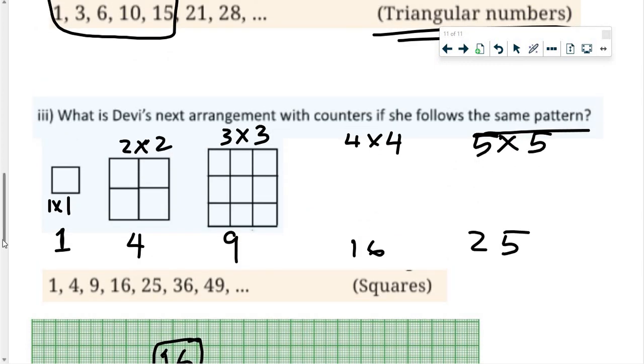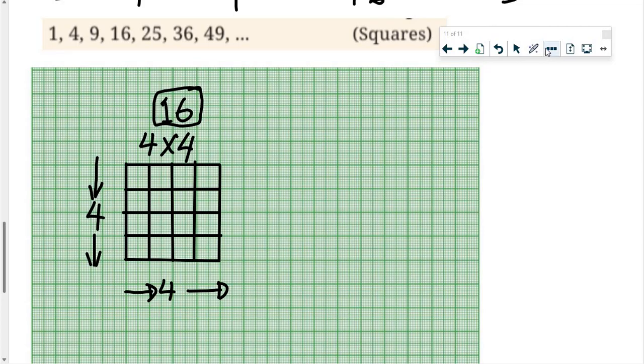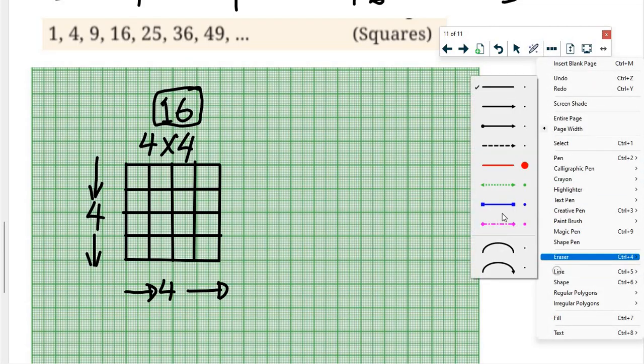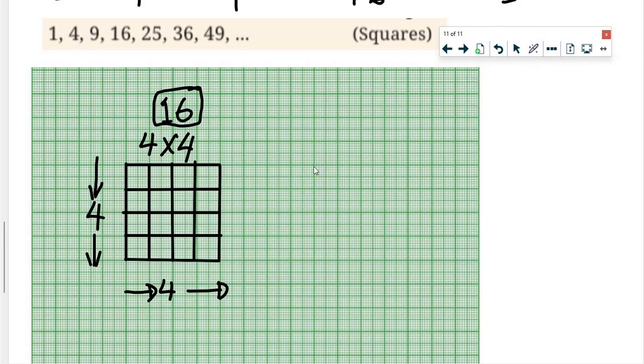How about 5 into 5? Quickly. 5 into 5 on a graph paper is easy. You're going to have 1, 2, 3, 4, 5. See that?